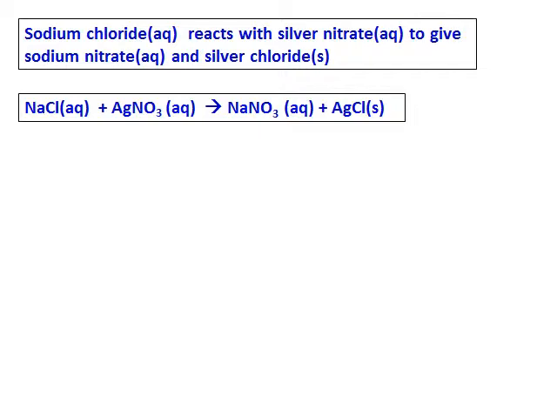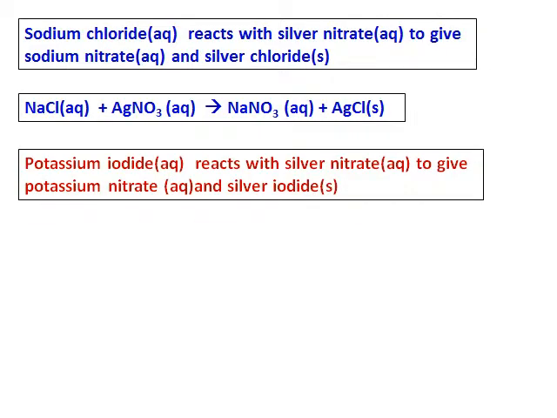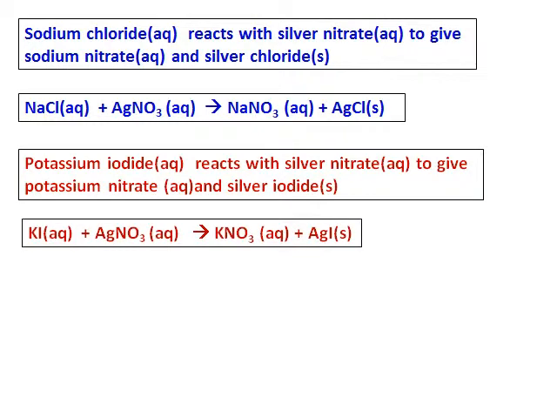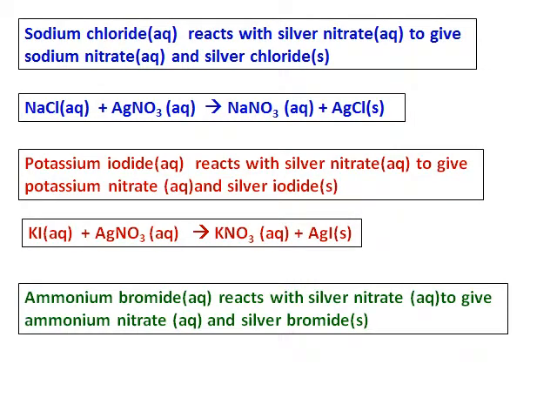The next one, potassium iodide reacts with silver nitrate to give potassium nitrate and silver iodide. And the states are already given there. Therefore potassium iodide is KI aqueous plus silver nitrate aqueous, and gives you potassium nitrate aqueous and silver iodide solid. And next one, ammonium bromide reacts with silver nitrate to give ammonium nitrate and silver bromide.